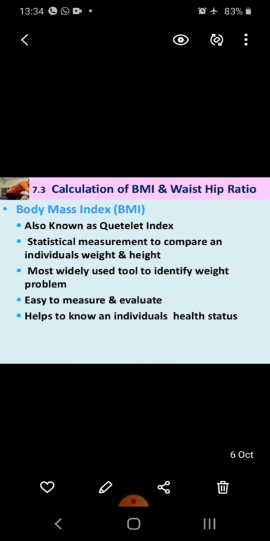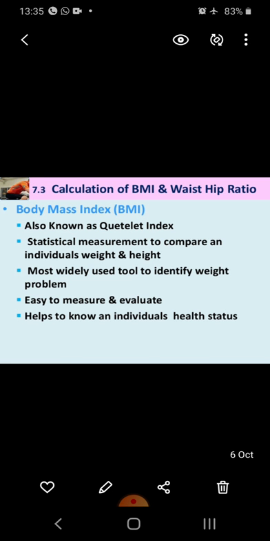It is the most widely used tool to identify weight problems. It is very easy to measure and evaluate. It is easy to evaluate whether a person is obese, which category they come under, fit or normal, underweight or overweight. Likewise, it helps to know an individual's health status.